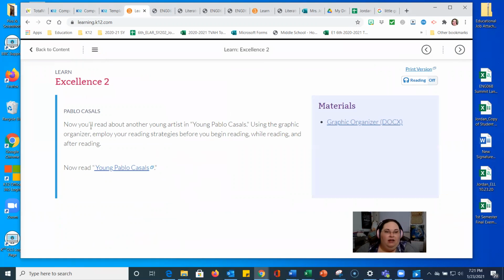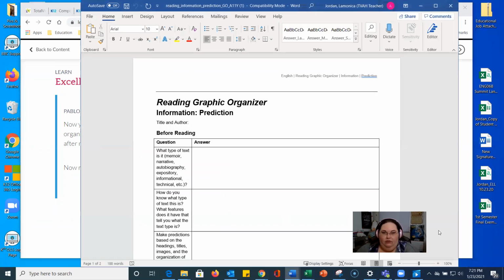Pablo Casals. Now you'll read about another young artist, young Pablo Casals. Using the graphic organizer, employ your reading strategies before you begin reading, while reading, and after reading. So let's go ahead and pull that graphic organizer up.